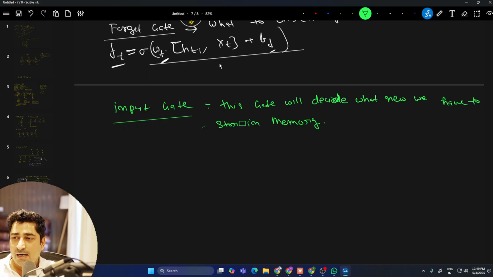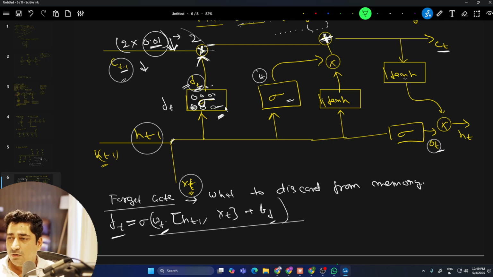So let's try to understand again by writing an equation. Here you will be able to find IT, the input, and here you can say this is C delta T, the output that you will get over here. Now everyone is taking two inputs.